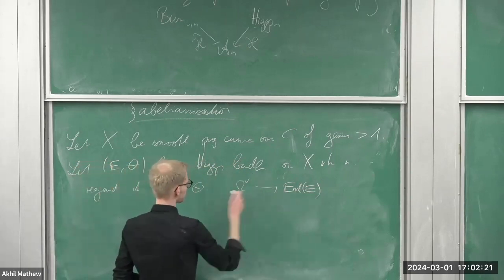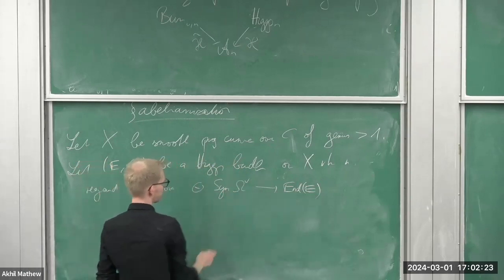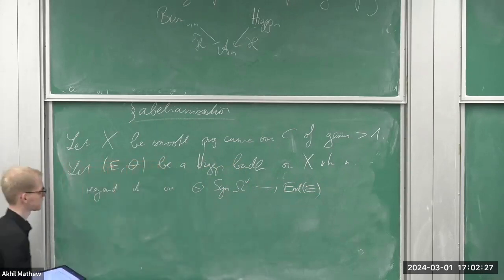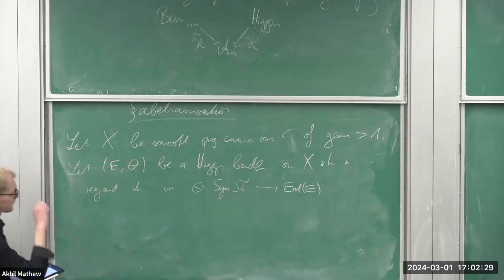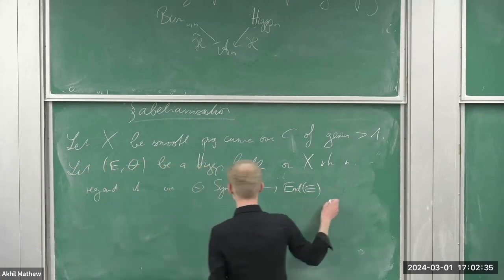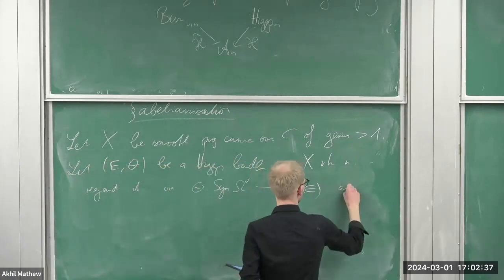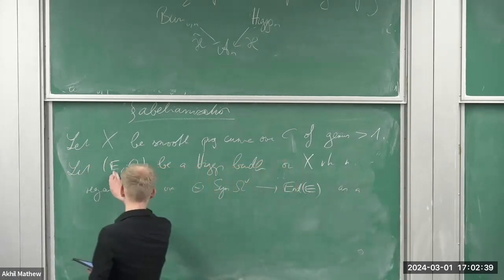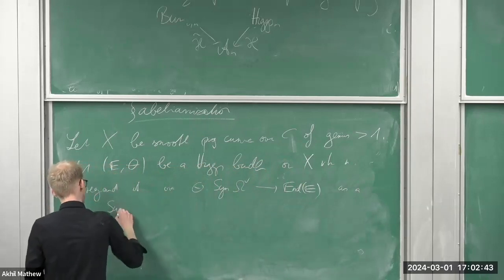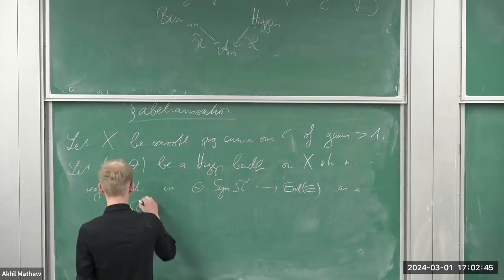And then the commutativity condition means that this extends to a morphism of algebras from the symmetric algebra. And by this, you can regard the underlying vector bundle E as a module over the symmetric algebra.